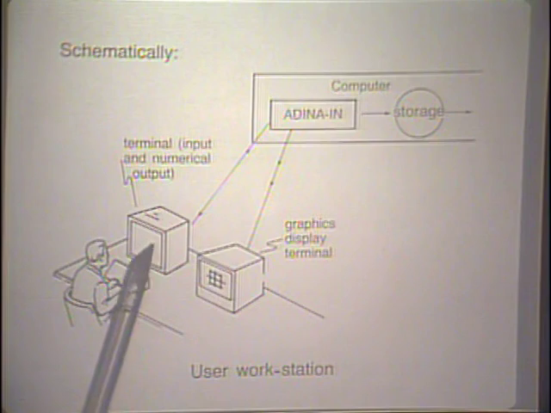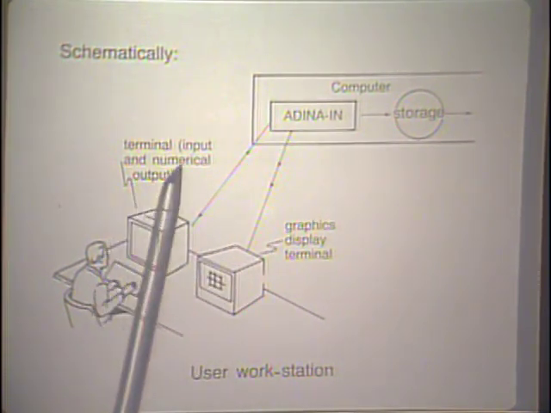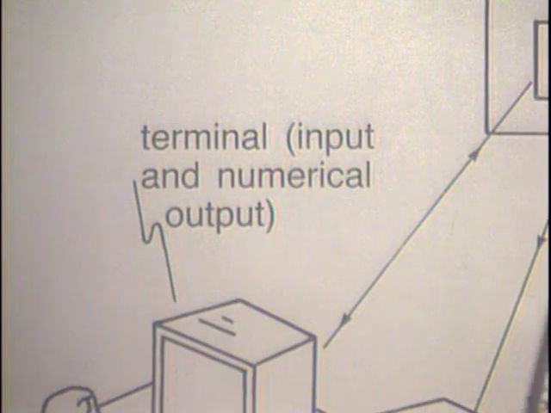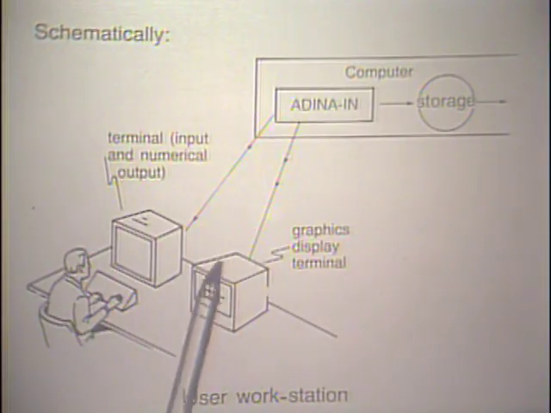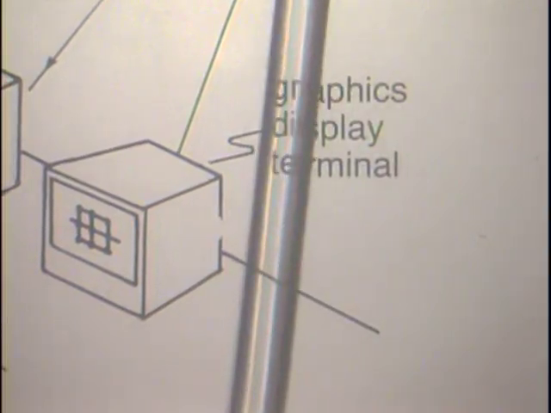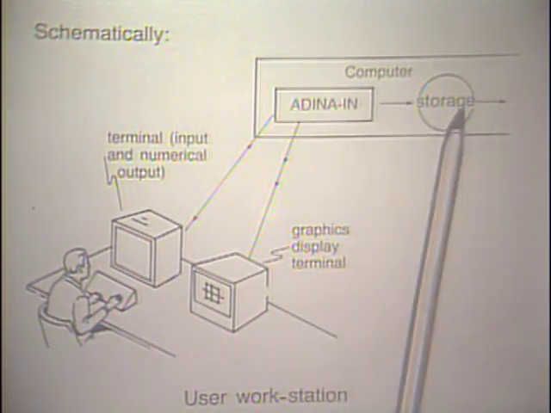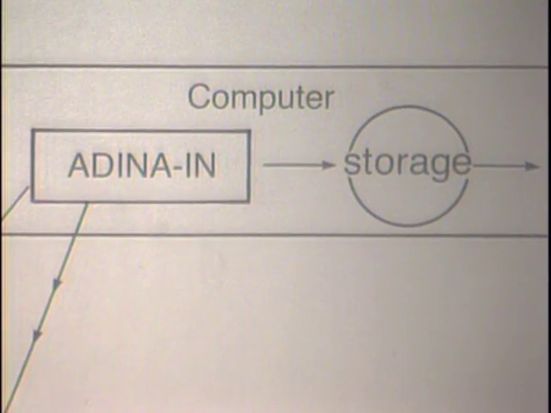Schematically, we are sitting here at a terminal and we're inputting the data to ADINA-IN. We can also receive here numerical output, and we can also plot on this terminal any of the information that we like to plot. This is a graphics terminal. Notice ADINA-IN, of course, communicates to a storage device and further on to ADINA, as we will discuss just now.